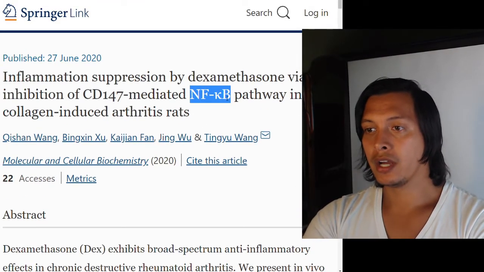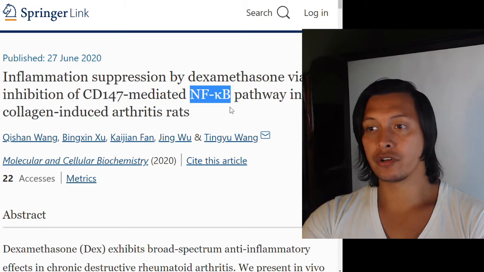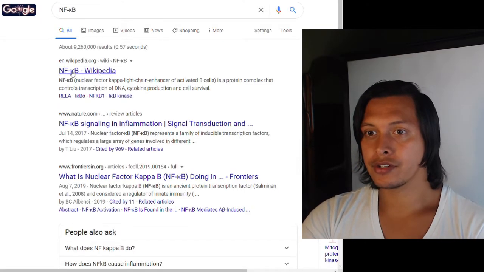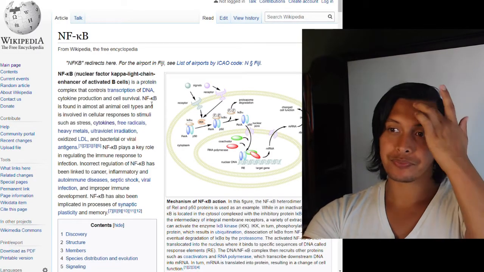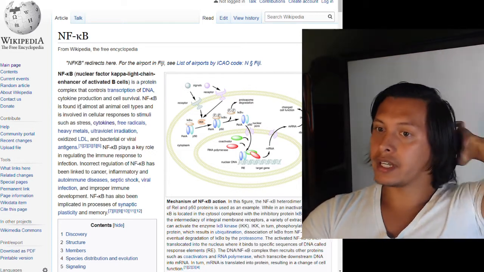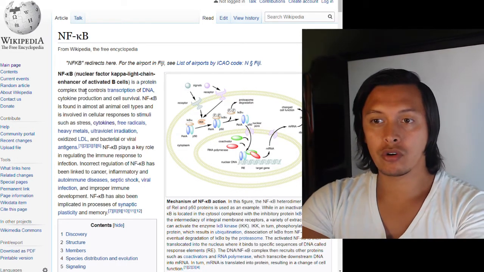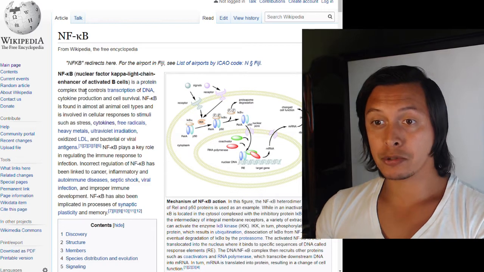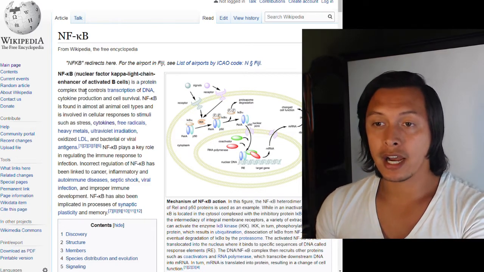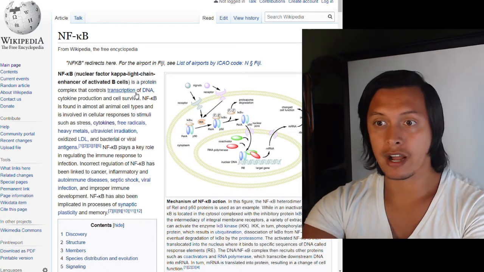So here, actually, what I'll do is go over nuclear factor kappa B. So what is nuclear factor kappa B? It is a protein complex, and it controls the transcription of DNA, cytokine production, and cell survival.